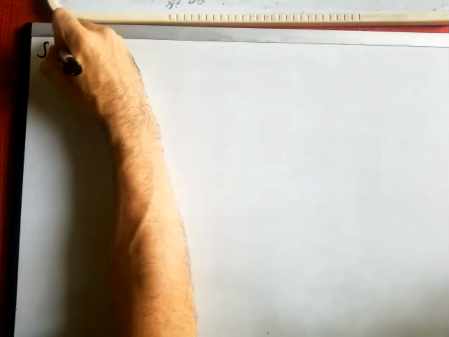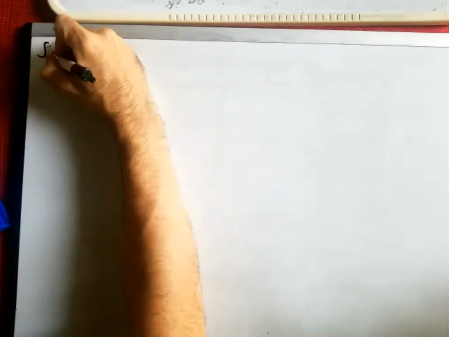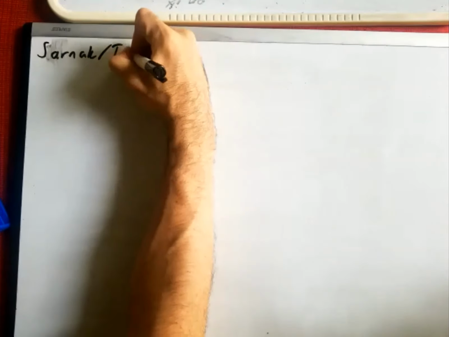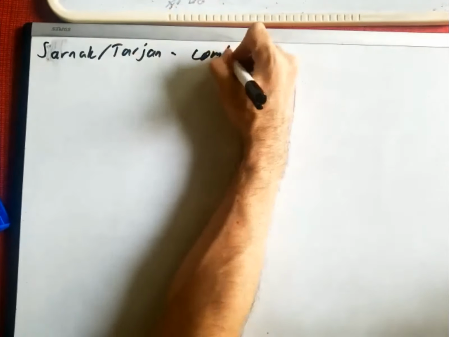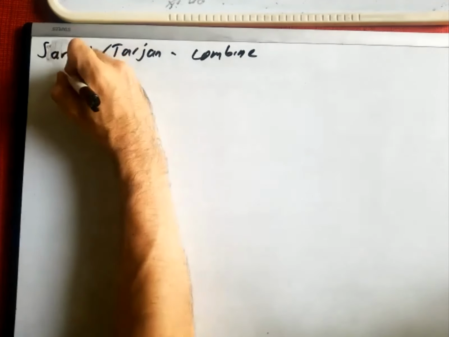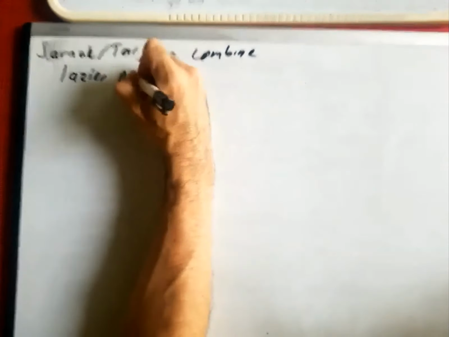So Sleator and Tarjan figured out how to combine these two ideas of fat nodes and path copying. And they proposed a lazier path copying idea.